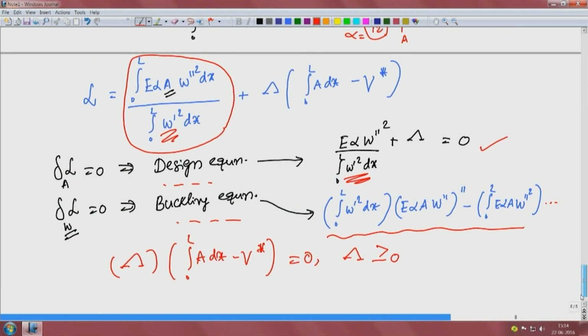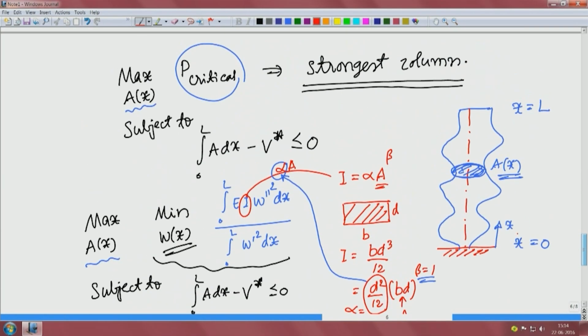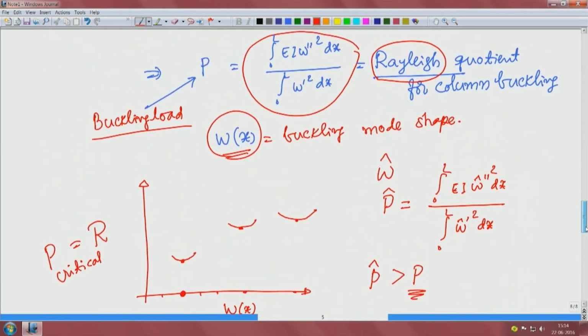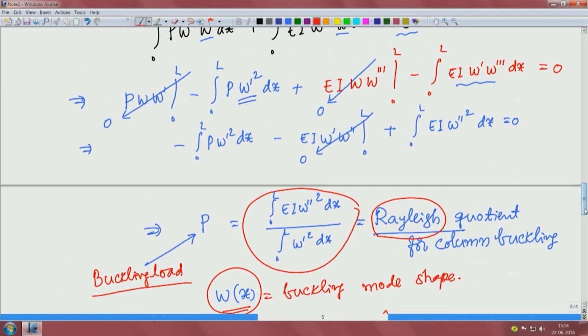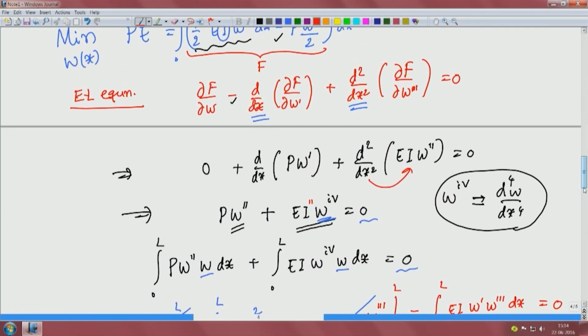If we just do it like this, there will be a problem, because we assumed that the area of cross section is constant, but now we are talking about it being variable. So, we have to rederive that equation. That is easy enough, it is just that in these steps we should not forget that I is varying.